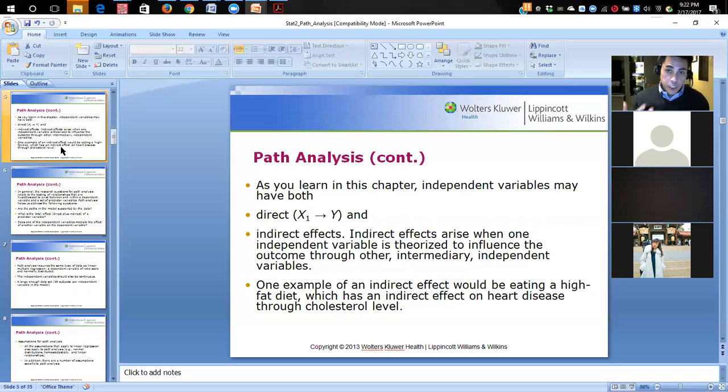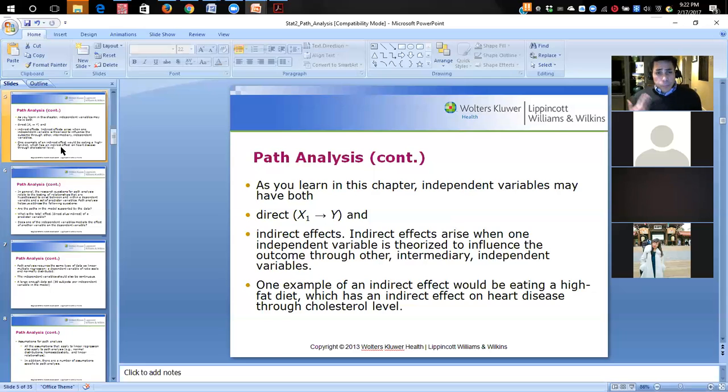It gives you the total effect, which at the end of this slide presentation, will show you how one variable accounts for the dependent variable using the total effect, which already accounts for both the direct and the indirect effect of that particular independent variable.